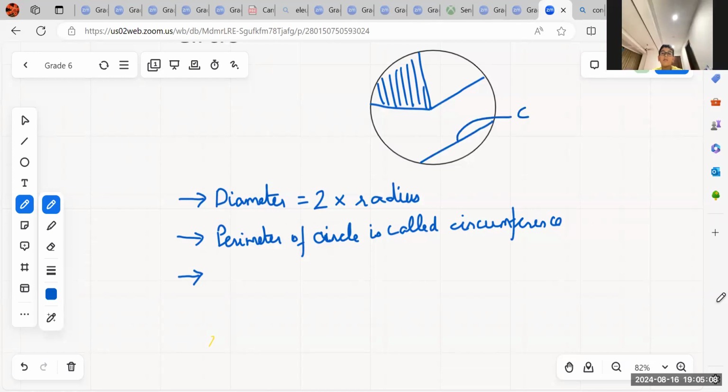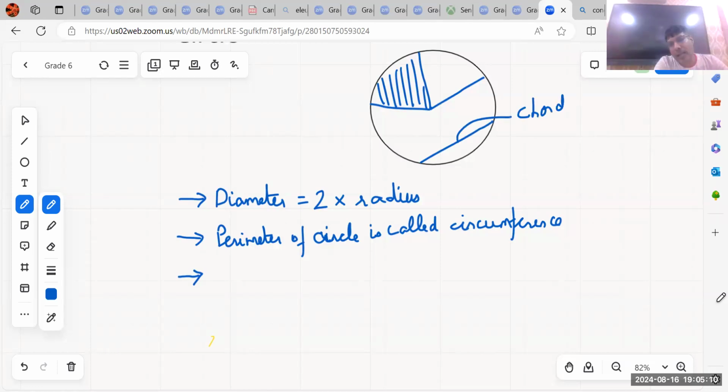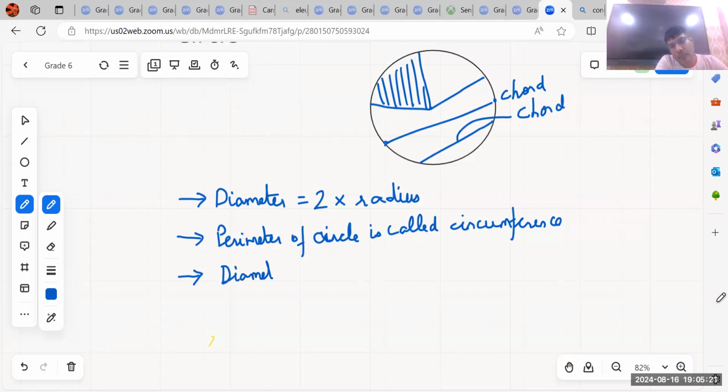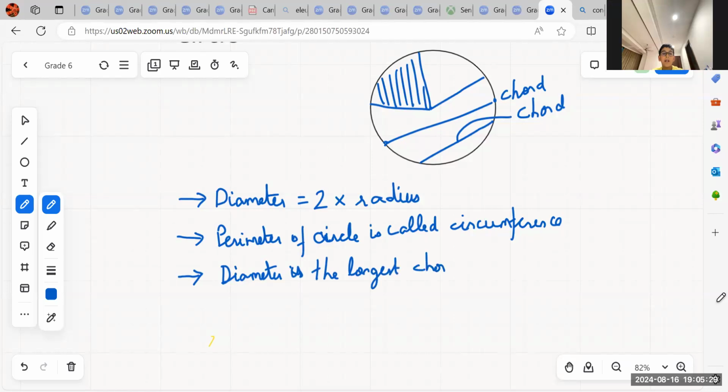This is called a chord, which touches 2 boundary points of a circle. This is also called a chord. And the diameter is the longest chord of the circle. So there are infinite diameters, right?